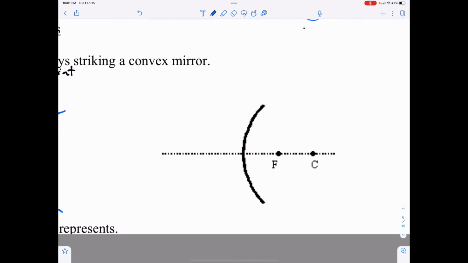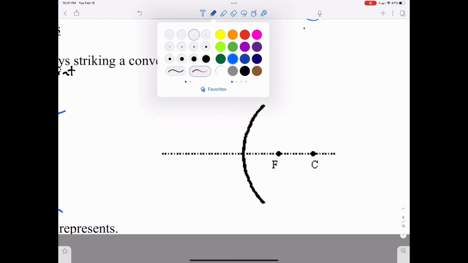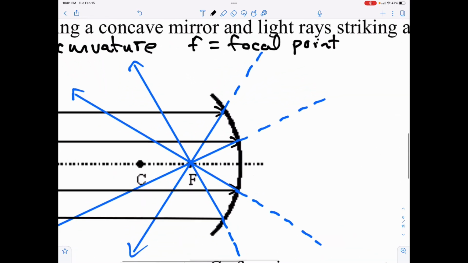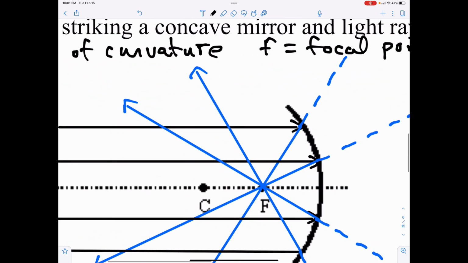Now, for a convex mirror, it's a little different. If I have a parallel ray of light coming in, okay, now the way this one worked, the reason why it bounces this way is because if this represents a tangent line, there's your normal, you can see theta i equals theta r, right?